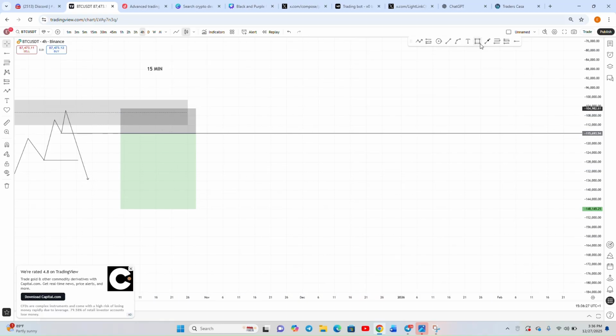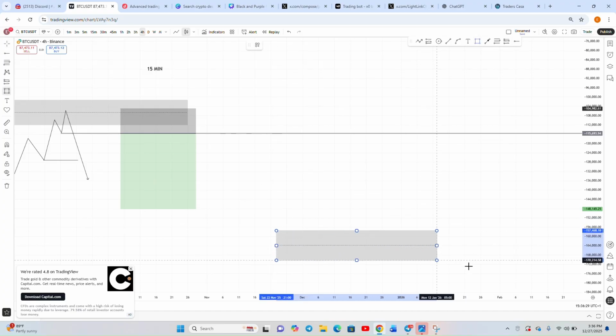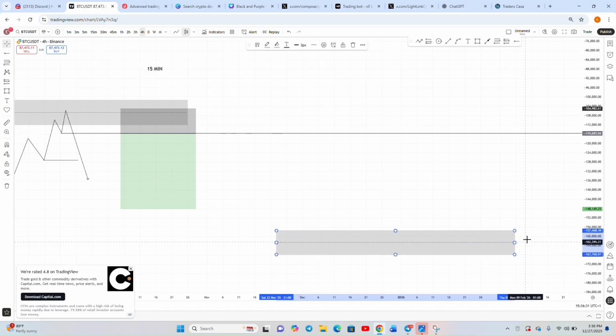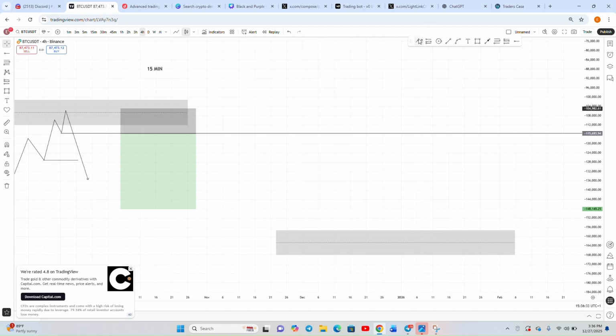So now for a bullish scenario, still the same pattern. Market keeps making lower lows and lower highs, lower lows, lower highs, till the change of character, and then there's a break of structure.